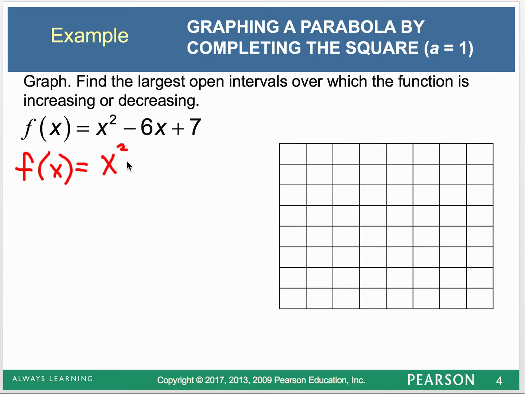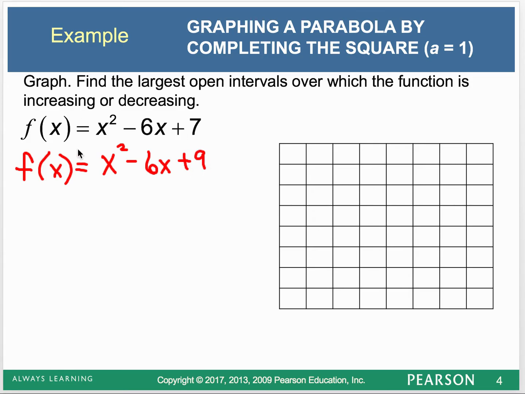All right, now I'm going to take half of my linear term, half of 6 is 3, and square it. Sorry, guys. Half of 6 is 3, and square it, which gives me 9. But I don't have my term written here. So I'm going to add 9. And before I would add 9 to both sides.